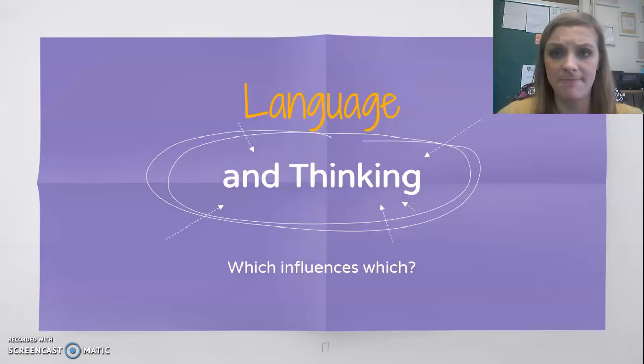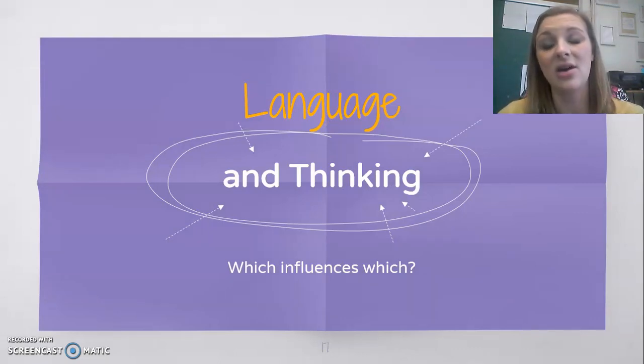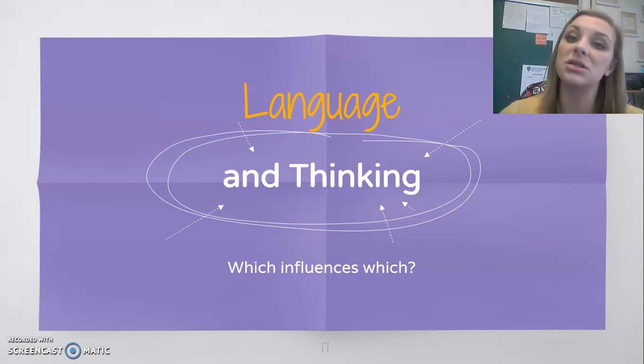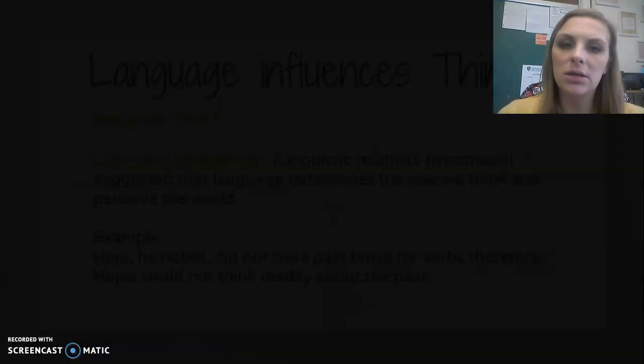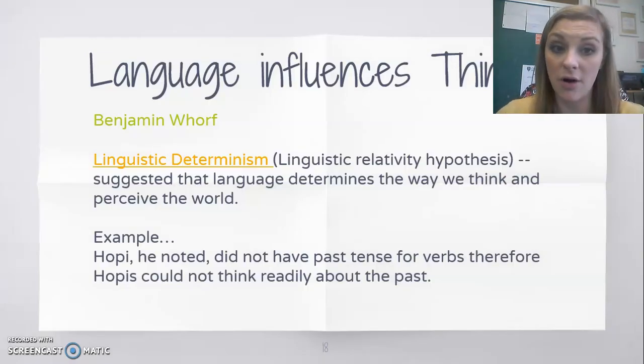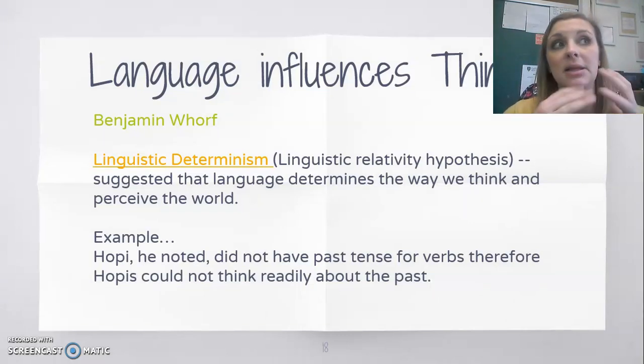So, which came first, chicken or the egg, right? Does language influence our thinking, or does thinking influence how we speak, our language? Well, Whorf believed that language influences our thinking. He believed in linguistic determinism. Basically, this is the idea that the language that we speak determines the way we think about and perceive the world.